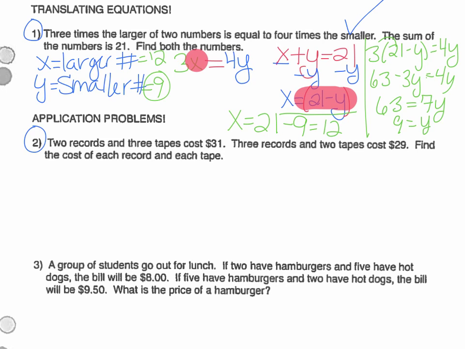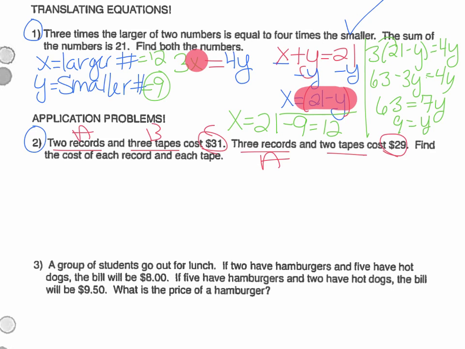When I read this, 2 records and 3 tapes that cost $31, I see 2 different values and a total, right? A, B, and a C. Then again, 3 records, 2 tapes, and a total of $29.